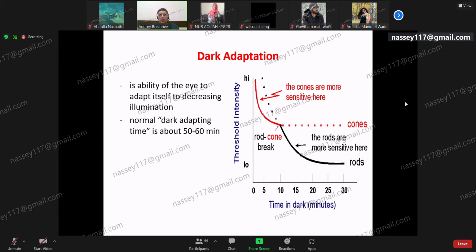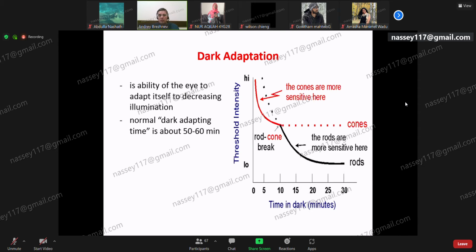Normally, dark adaptation time is about 50-60 minutes, about 1 hour or a bit less. Of course, this is the maximum of dark adaptation. The first objects the patient can see in a dark room after several seconds from when the dark adaptation starts.